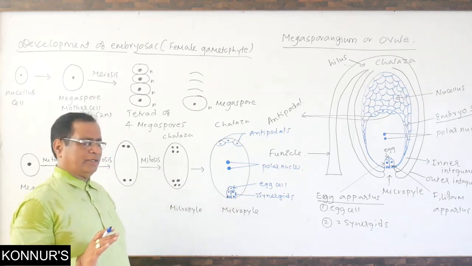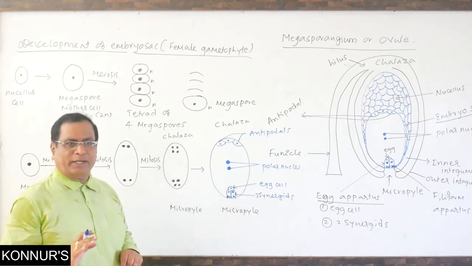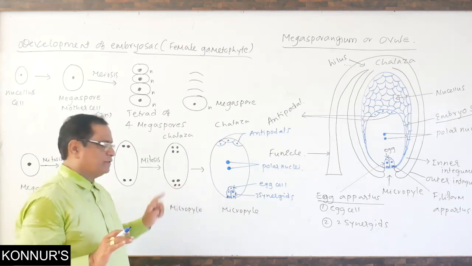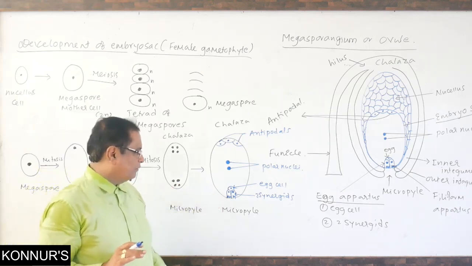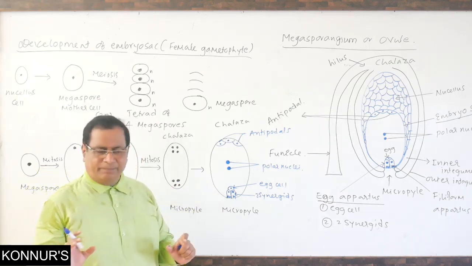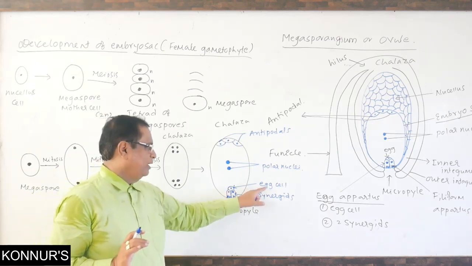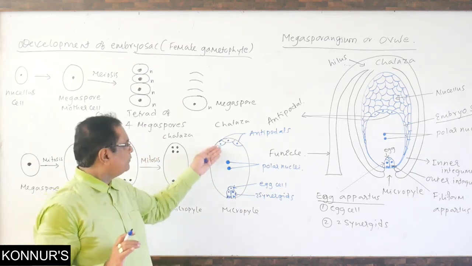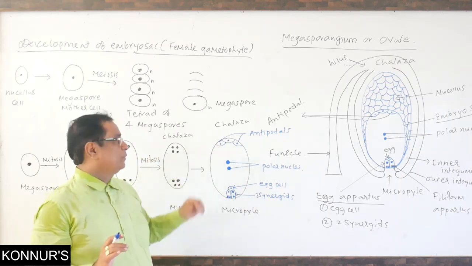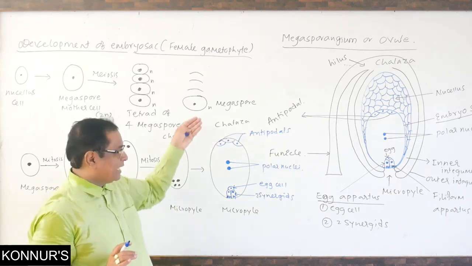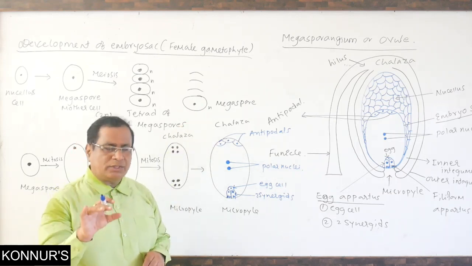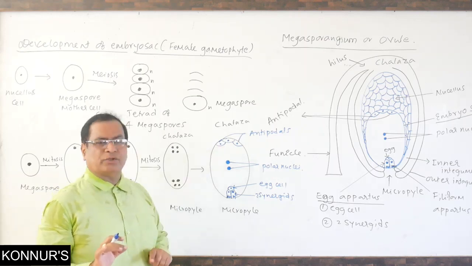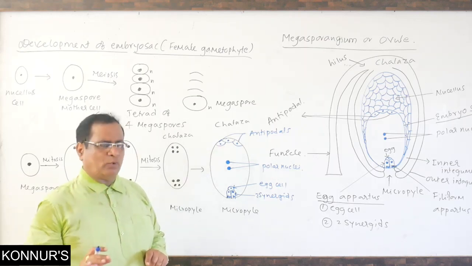Towards micropylar end, among the 4 haploid nuclei, around 3 nuclei, cell wall is formed, leading to the formation of egg apparatus. That egg apparatus consists of egg cell and 2 synergids. And 4 nuclei which are present towards chalazal end, around 3 cell wall is formed, leading to the formation of 3 antipodals.